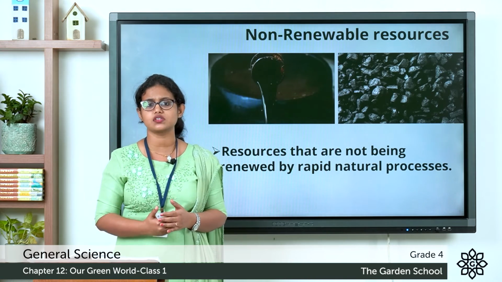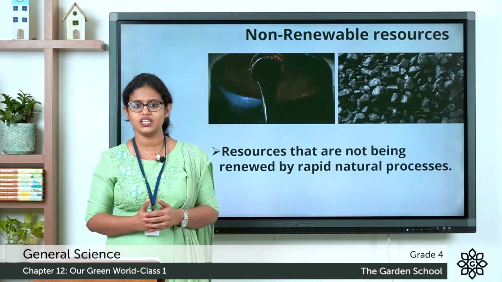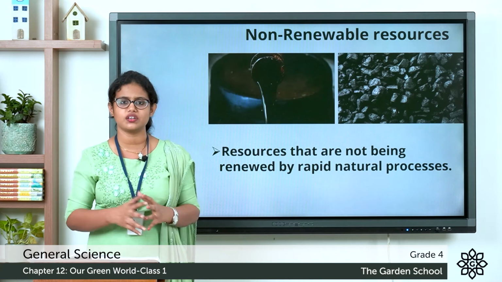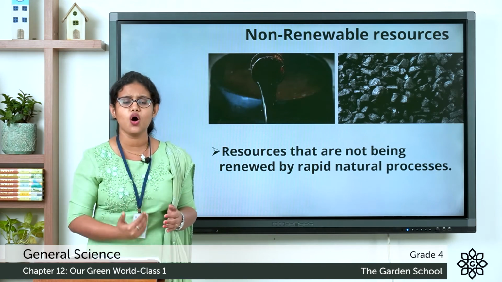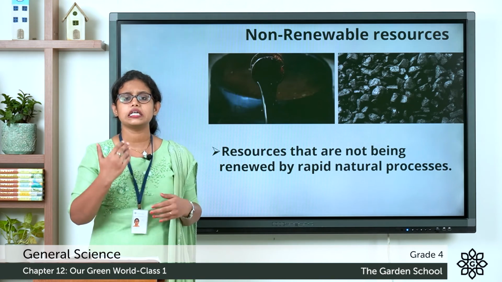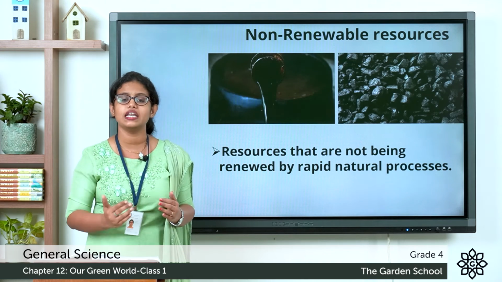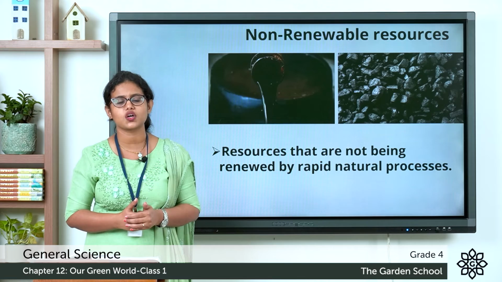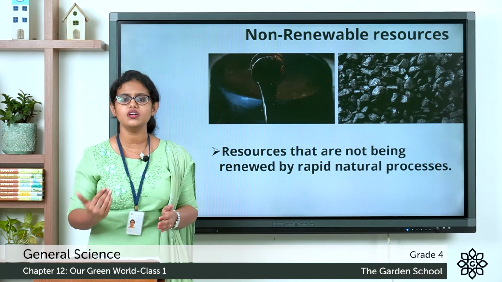So we should use them carefully, and we should leave something for our future generations. So that is about non-renewable resources: resources which cannot be replaced easily by natural process.